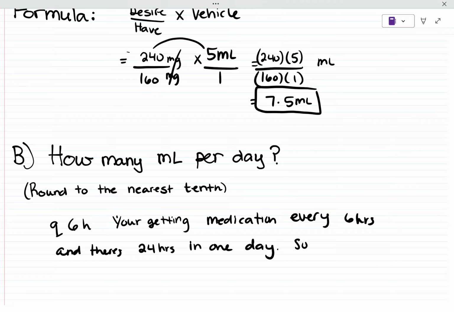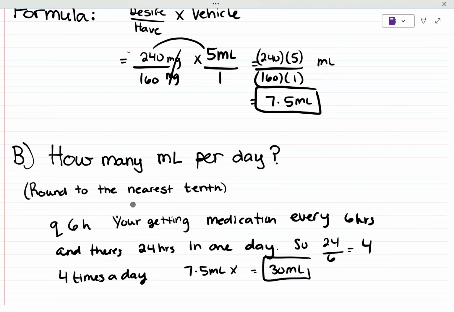So 24 divided by 6 gives you 4 times a day. Our dose was 7.5 milliliters, times 4 is 30 milliliters. So in total, you're distributing 30 milliliters per day.